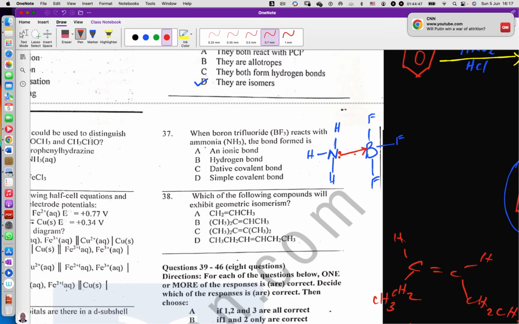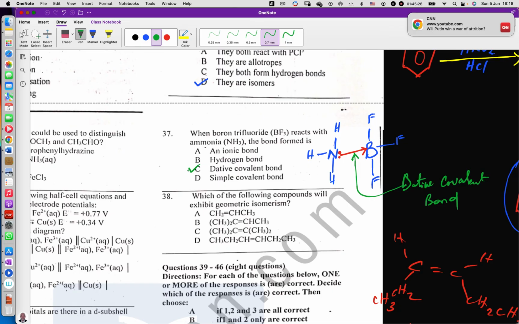I can now call this a coordinate covalent bond, or dative covalent. So now our answer would definitely be C, dative covalent bond.